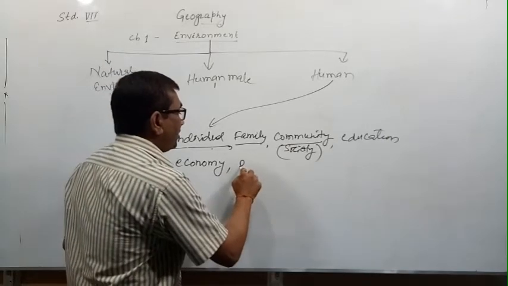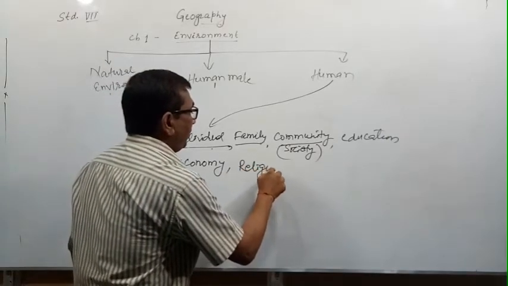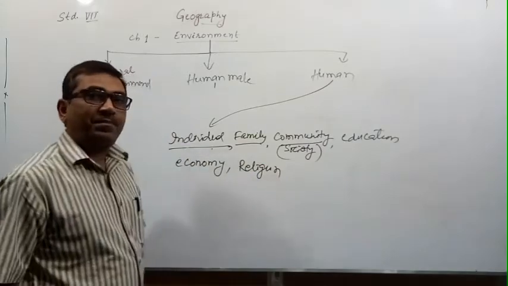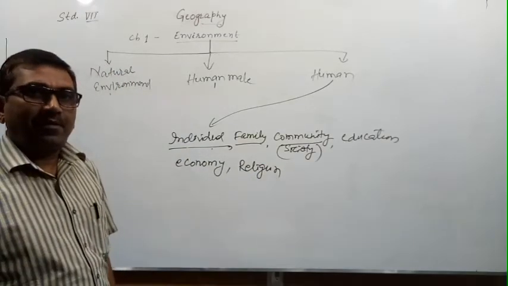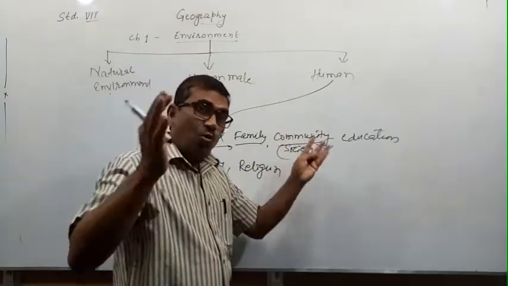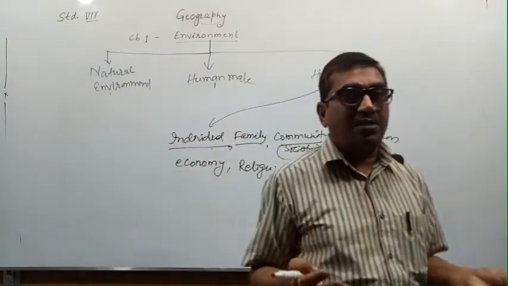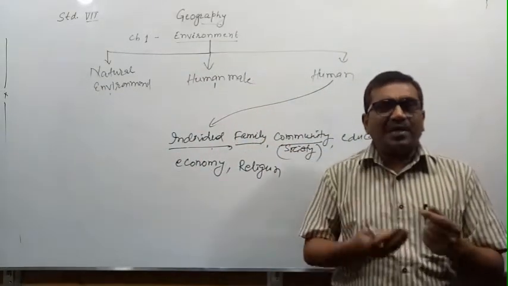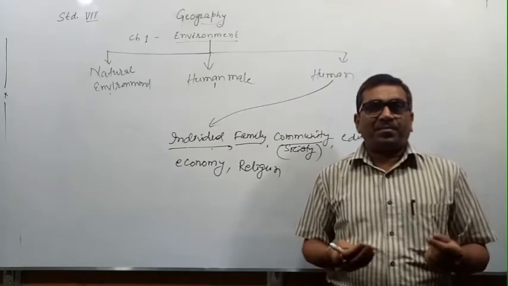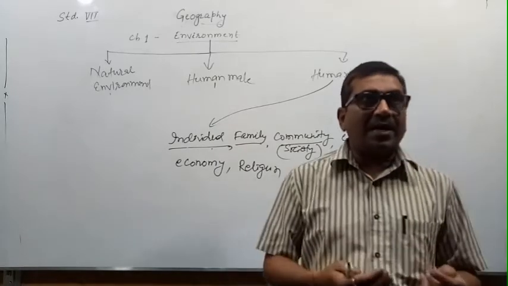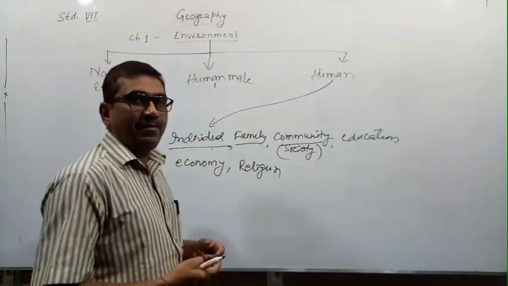Then comes religion. धर्म भी आ गया. अब इतना बड़ा लोग है, इतनी बड़ी सोसाइटी है, so big society is there, it should be handled. इसको कहीं ना कहीं हैंडल करना है, तो हैंडल में क्या आ जाएगा?